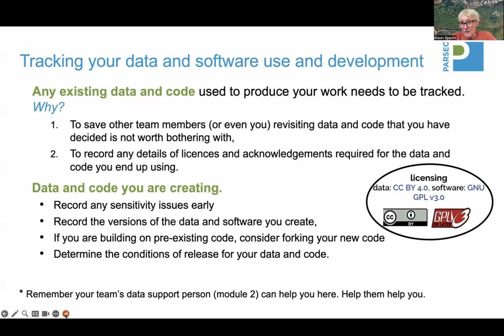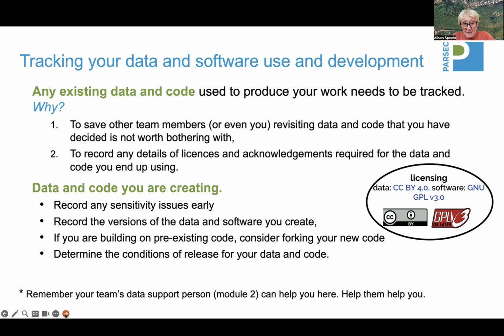So it's to save other people. But if it is going to be used, you record any details of licenses or acknowledgements at the time you access it. So when you've done all your modeling and your programming 6 months later, you can just turn to this and you don't have to try and remember.